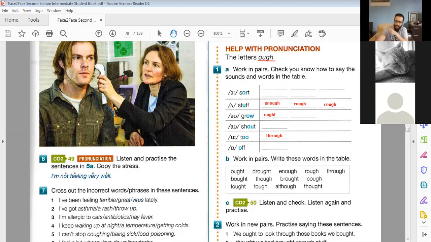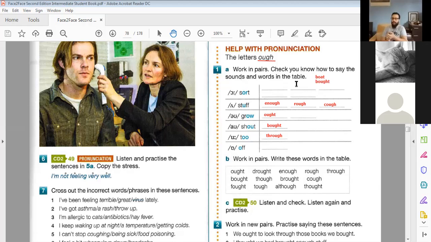Okay. Now let me give you a little tip. How do you read this one? Which one? Here on the top. Okay, let me write it here in the bottom. All I'm going to say is that these two are not the same sound.